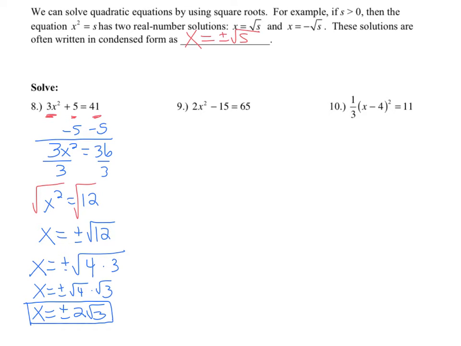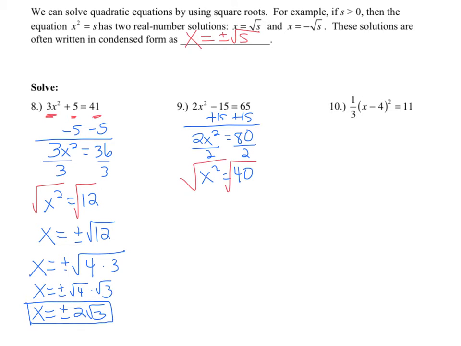Same exact steps on number 9. Add the 15 to both sides. So 2x squared equals 80. Divide by 2. So x squared equals 40.